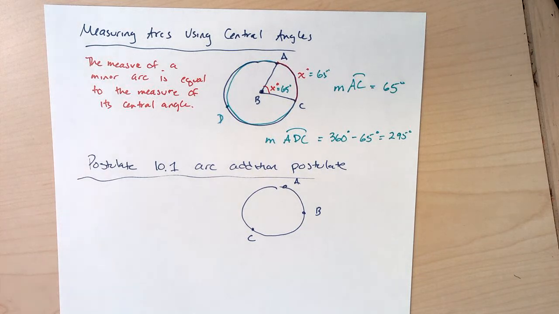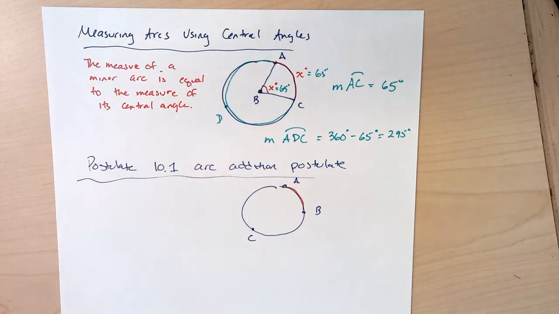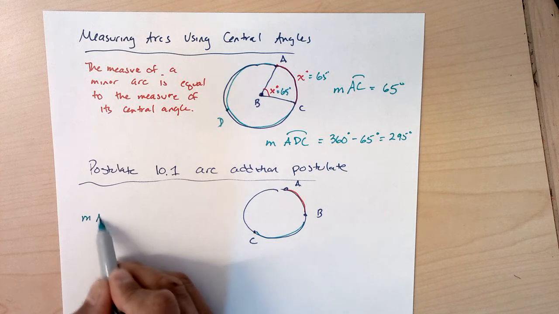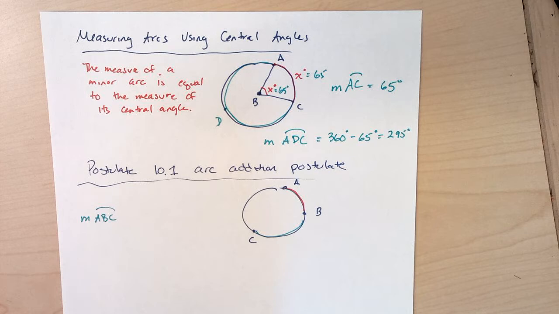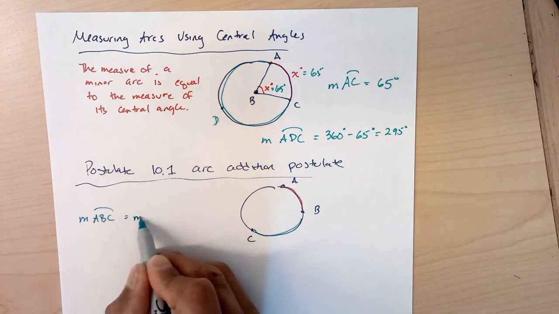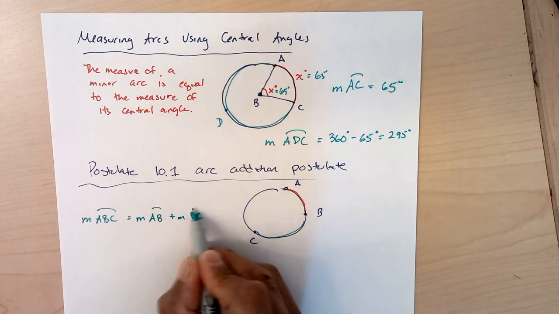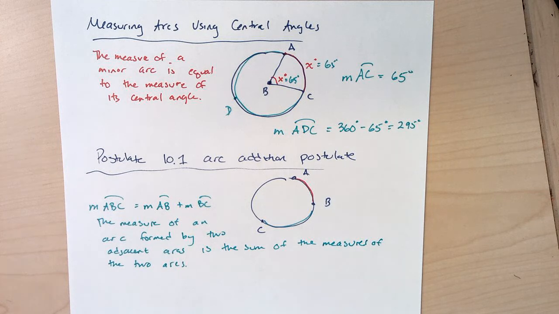So if I take a look at two arcs in the diagram here, for example, arc AB and arc BC, if I wanted to find the measure of arc ABC, which is a major arc, I could take the sum of the two arcs that make up arc ABC. So that's equal to the measure of arc AB plus the measure of arc BC. The sum of the parts is equal to the whole. Here's the arc addition postulate written out in words.